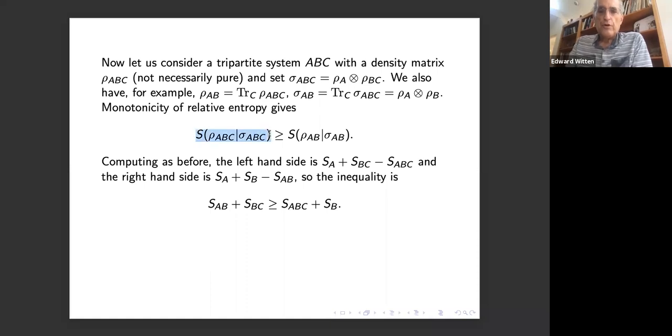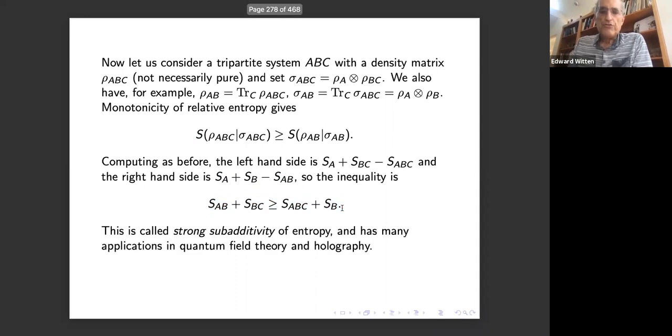This one is the mutual information between A and BC, because we ignored the correlation between A and BC when we defined sigma ABC. And the one on the right-hand side is the mutual information between A and B. So the inequality says that this is bigger than this. And after some rearrangement, it gives this inequality, which is called strong sub-additivity, and has many applications in quantum field theory and holography.